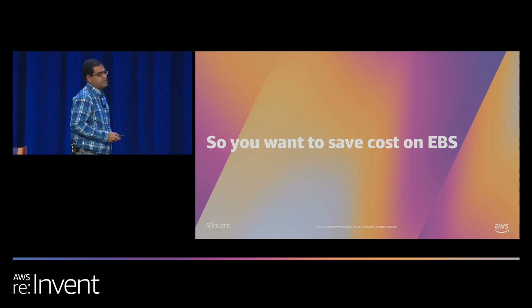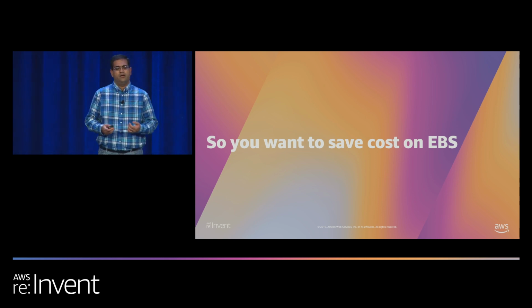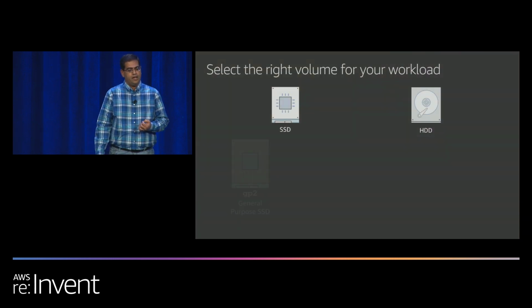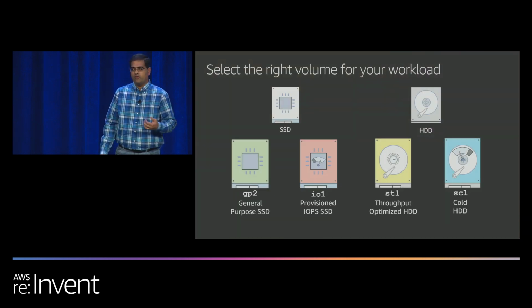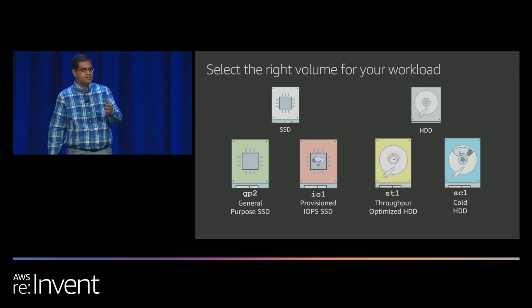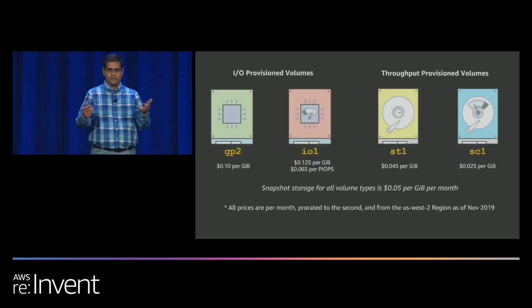Discussion around performance and availability and durability. One of the things that we get asked by customers is, OK, so how do I save cost on EBS? As Mark alluded, we have 4 volume types, and really, selecting the right volume for the right workload is key, because each of these volumes comes with a different cost point.